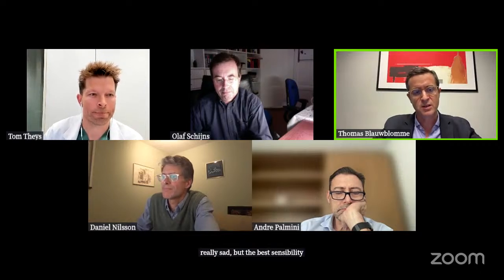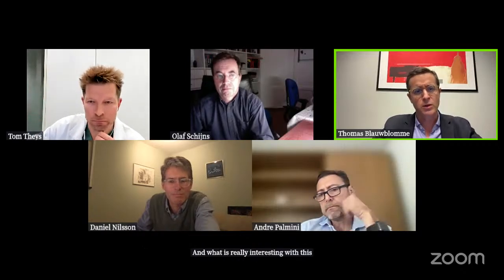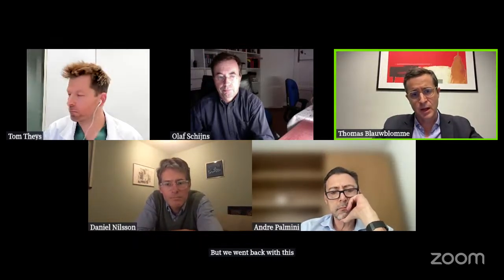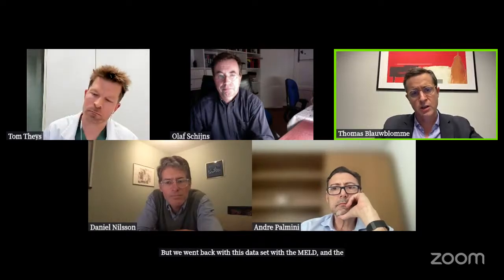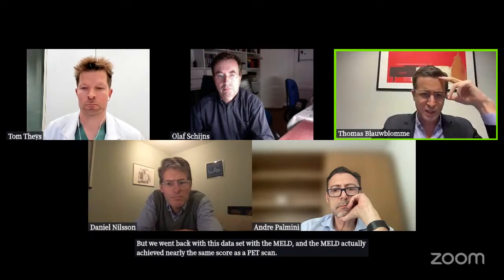It's really sad, but the best sensitivity and specificity was achieved by PET. What is really interesting is that the data were acquired on the 1.5 Tesla, not on the 3T, but we went back to this data set with the MELD, and the MELD achieved nearly the same score as the PET scan. So it's really complicated to treat this resting state data.